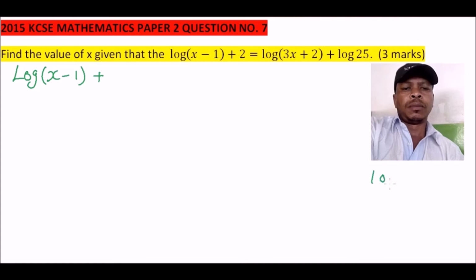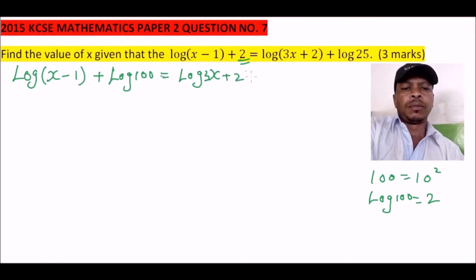So let's say we take 100 is equals to 10 squared. The logarithm of 100 to base 10 is equals to 2. So we replace 2 with the log of 100 is equals to the logarithm of 3x plus 2, put the bracket, plus the logarithm of 25.